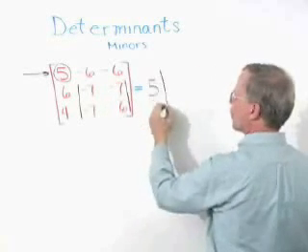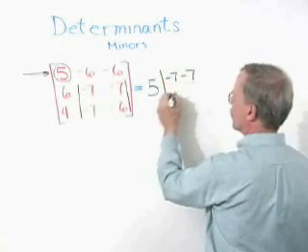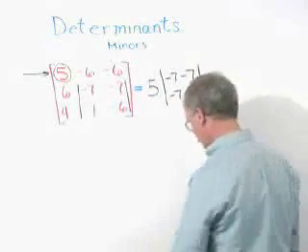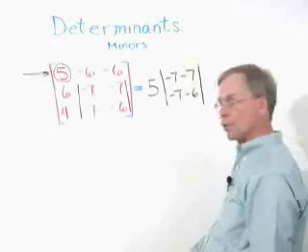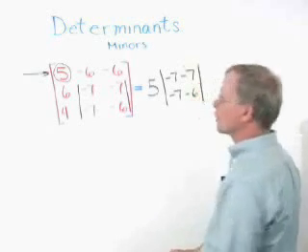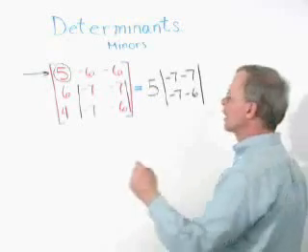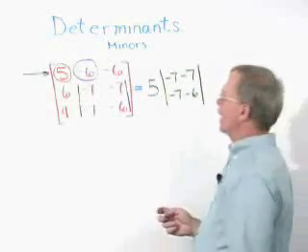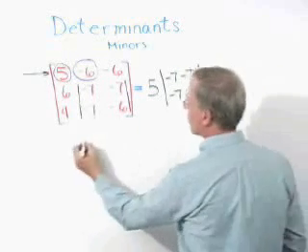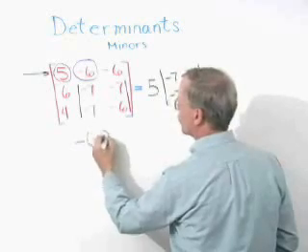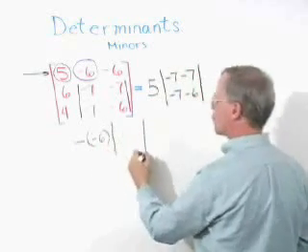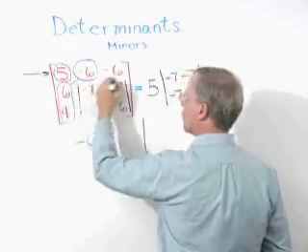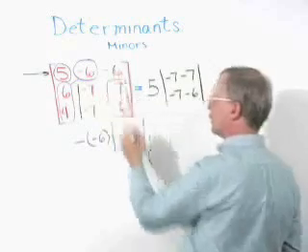Okay? So -7, -7, -7, -6 is the first of the expansion into minors. Okay? Next, what we do is we'd go to the next number, and we would write minus that number times its minor, and its minor is this column and this column as a determinant.